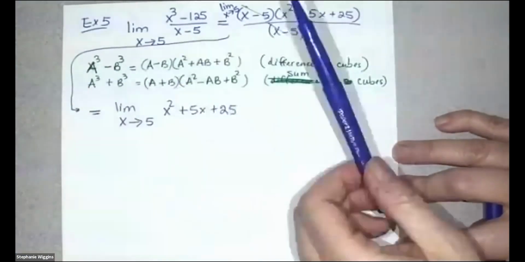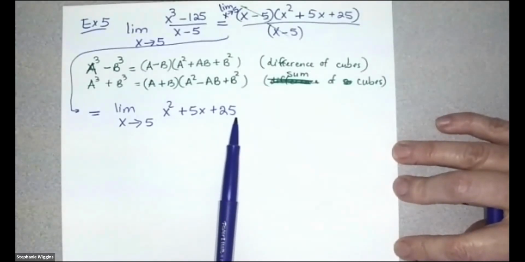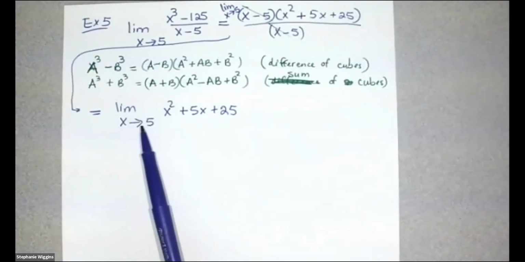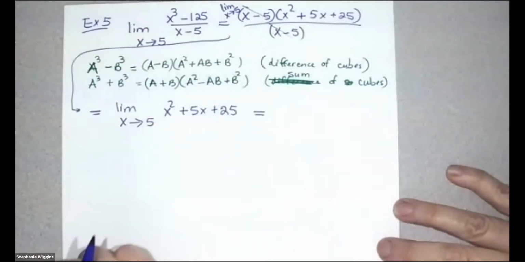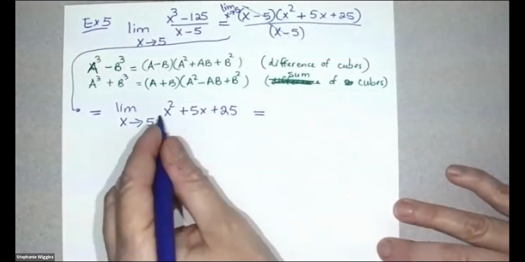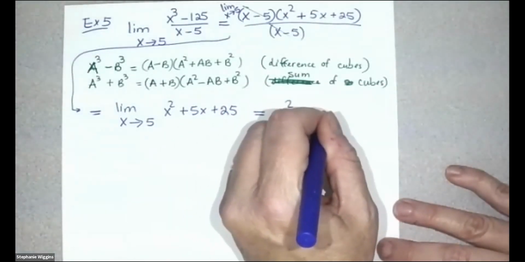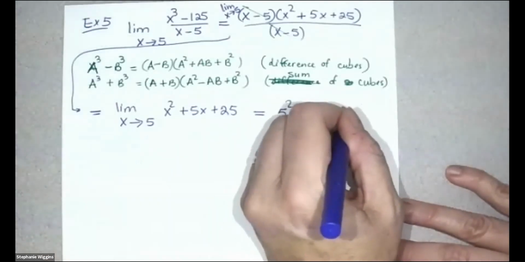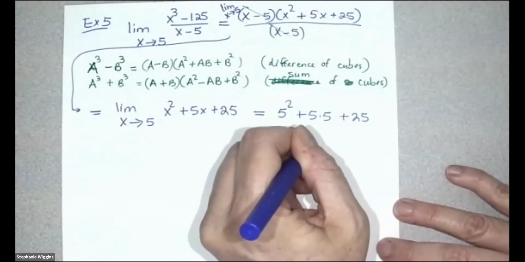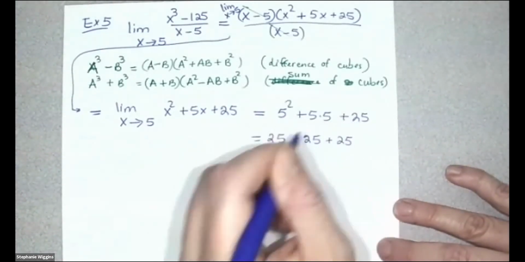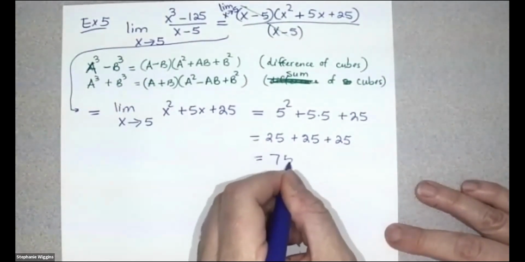So we've reduced this now to a continuous function. Because it's continuous, I know that all I have to do is plug this number in and I will get the limit value. So plugging in 5 for x, I get 5 squared plus 5 times 5 plus 25, which works out to 3 25s, and that's 75.